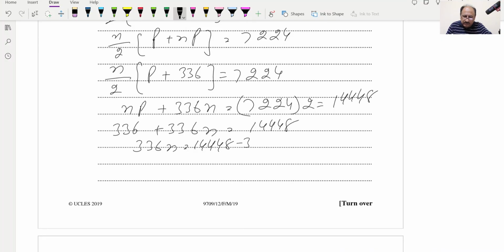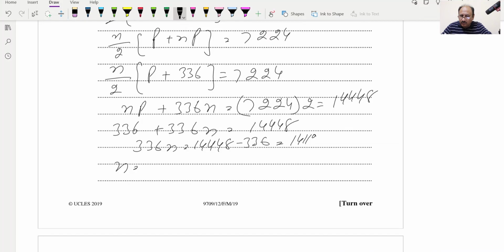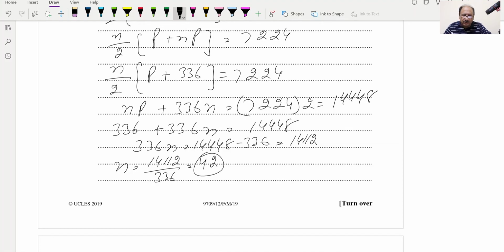Now we can shift this 336 to the other side, so it will be 336n is equal to 14448 minus 336, which is 14112. And we can write n as 14112 divided by 336, which is equal to 42. So the n value we got is 42, and we know np is equal to 336.